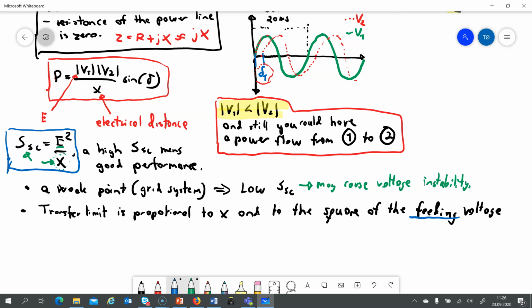So that's important. In this case, then the E here for the V1.